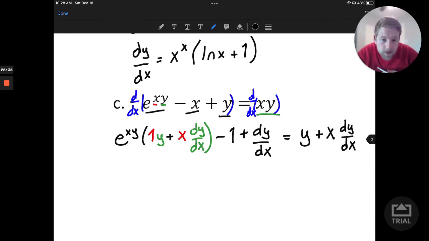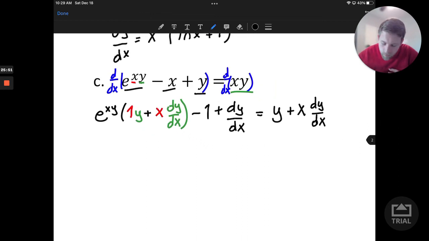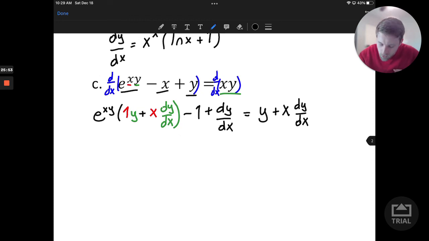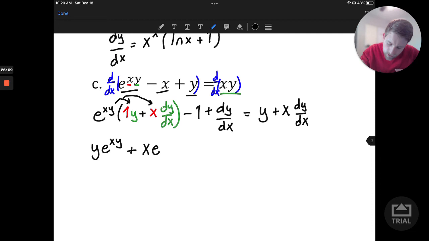Okay, it looks like we have some simplification to go, and there's also going to be 3 dy/dx terms here eventually. So we'll want to consider how we might group those once we simplify. So let's try to simplify this a little bit before we get to combining terms. I'm going to distribute my exponential term. So we have y e raised to the xy, and then plus x times e raised to the xy times the dy/dx term.